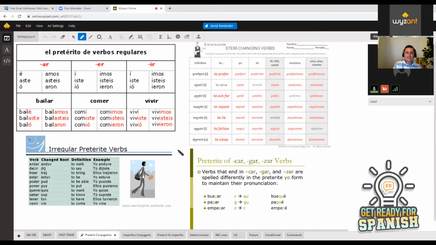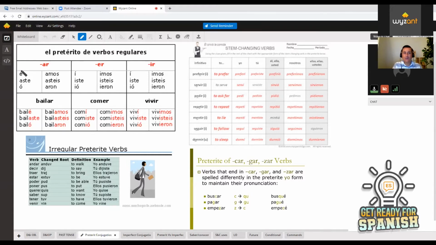In Spanish, that's a little bit more complicated, as you already know from last year, okay? In order to conjugate, if you have a regular verb, you will go to the ending AR, ER, or IR, okay? And you will use these endings depending on who is doing the action, okay?